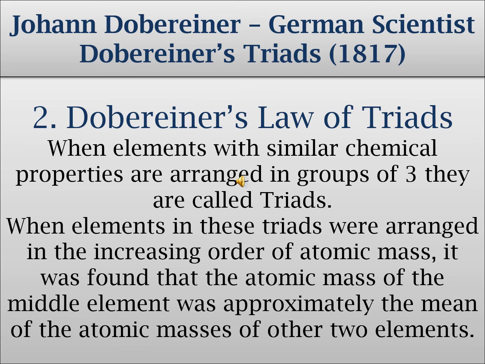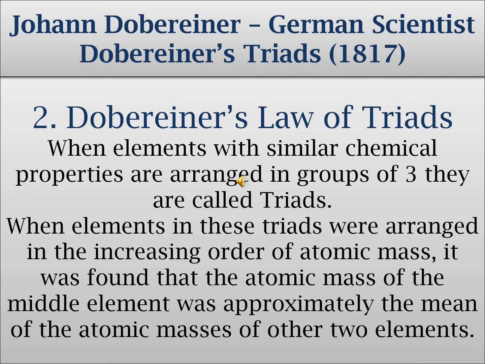Again, going back to Döbereiner's triads, Döbereiner selected elements with similar chemical properties, grouped them into threes, and then arranged them in increasing order of atomic mass. Then what did he notice?